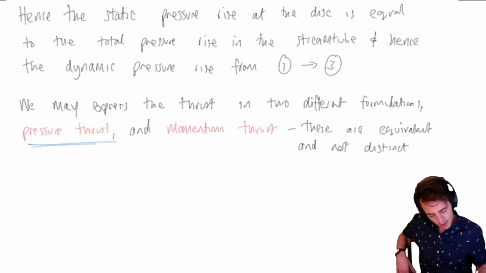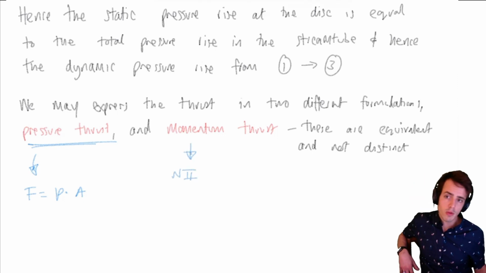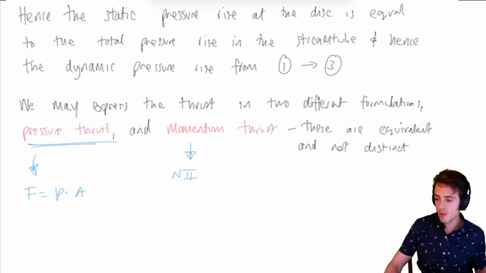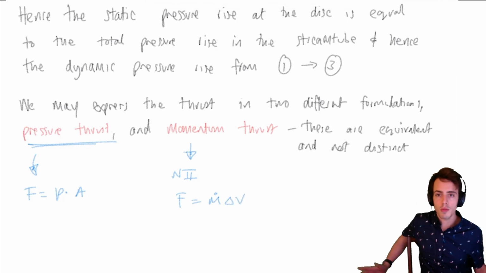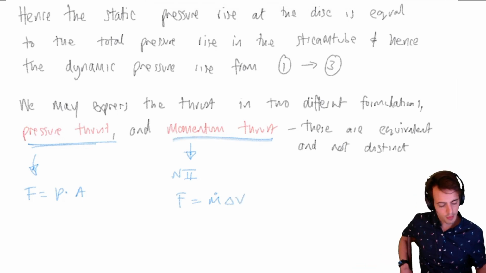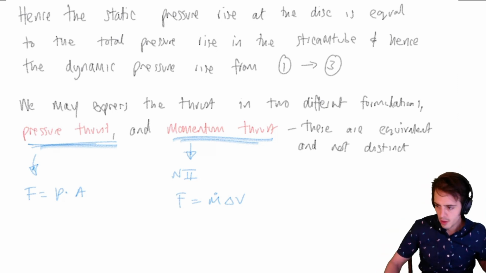So our pressure thrust simply comes from force is equal to a pressure multiplied by an area. Momentum thrust comes from Newton's second law, which is force is equal to the rate of change of momentum. So F is equal to m dot delta V, which we should be happy with if we've gone through fluids courses till now. So we can express these in two different forms.